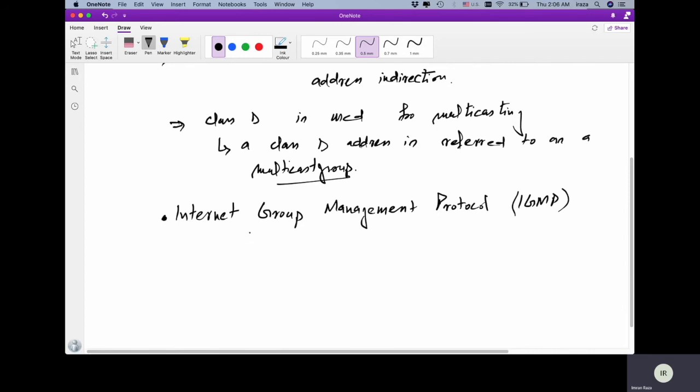Okay, so these details are obviously given in RFC, request for comments, 3376.